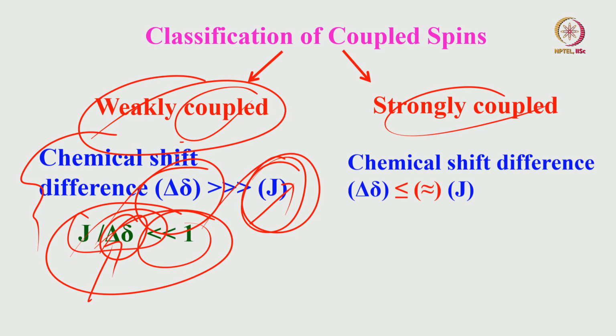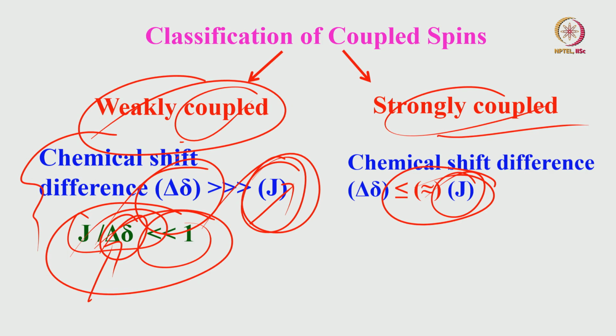On the other hand, in the case of strongly coupled spins, the chemical shift difference delta between two coupled spins is less than or equal to, or at times approximately equal to, the coupling constant itself. Then such spins are called strongly coupled spins.